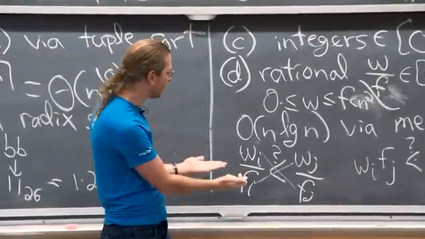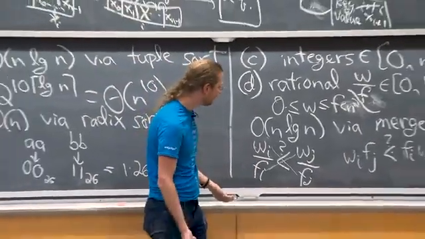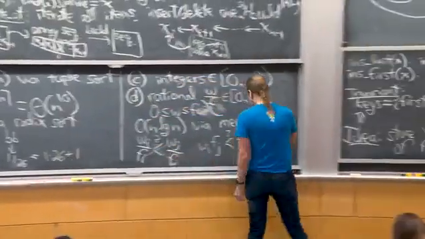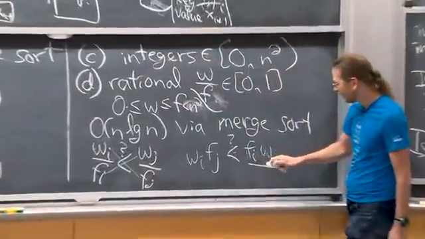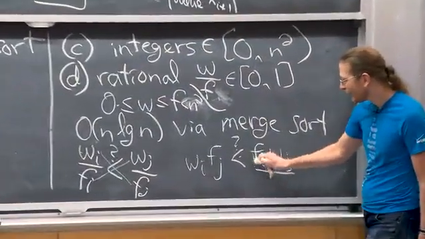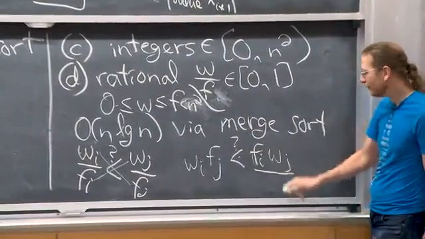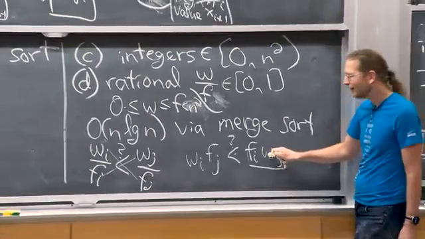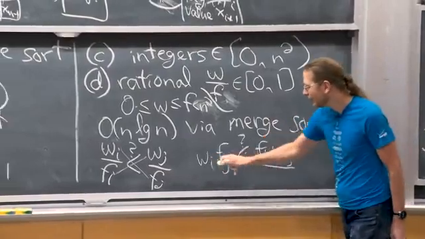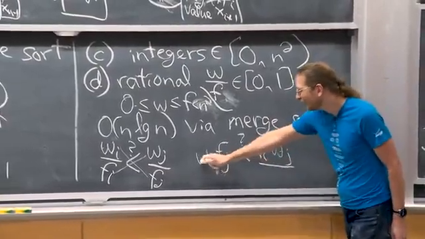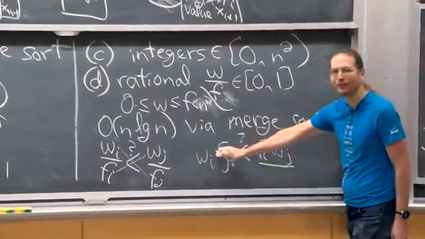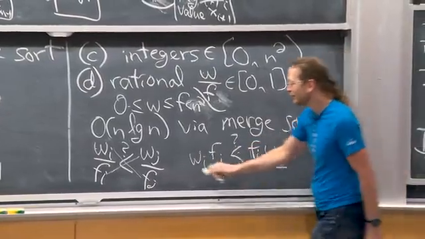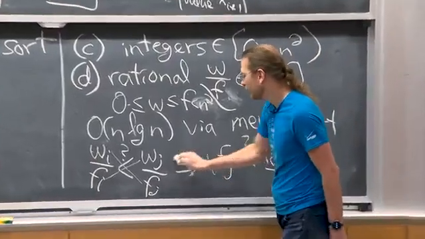So how do I tell whether one Pokemon is superior to the other? If I multiply i's f value with j's w value, and I see whether that's greater than i's w value times j's f value. And if it is, so these are equivalent.